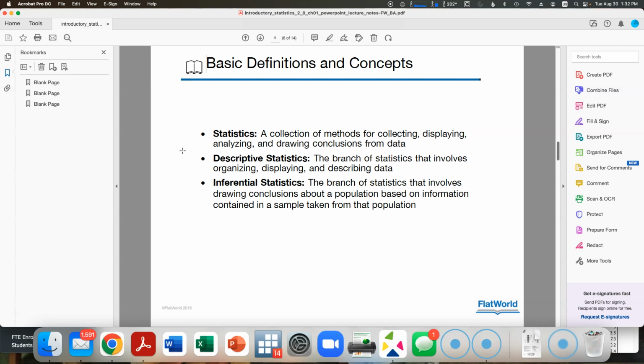So from that general discipline of statistics, we take from that descriptive statistics and inferential statistics. These are kind of the two branches of study. When we talk about descriptive statistics, we're talking about how data is organized, displayed, and described. What does that mean? It means that with descriptive statistics, we're talking about how the data itself is organized, for instance, within an Excel spreadsheet.